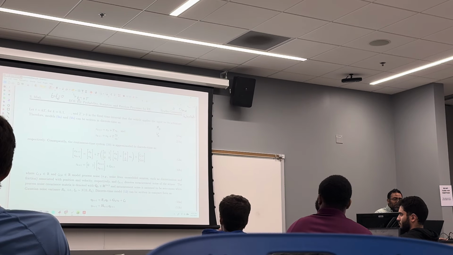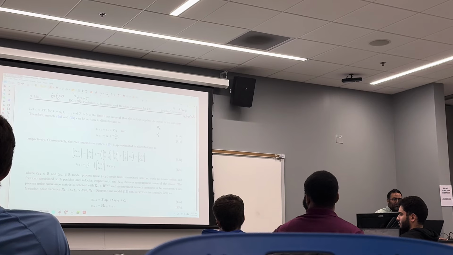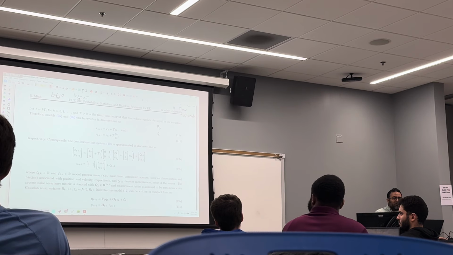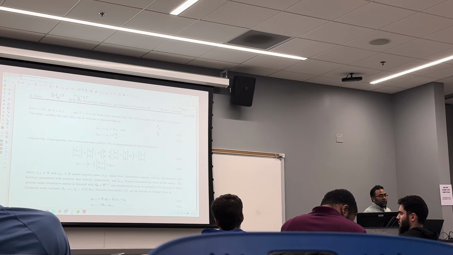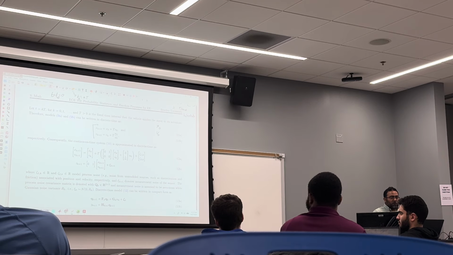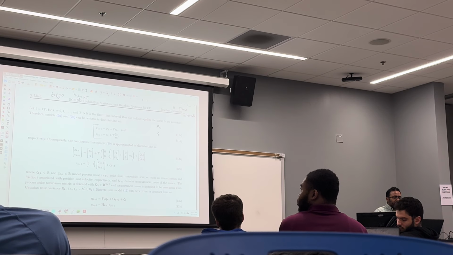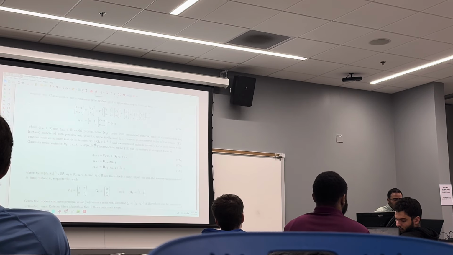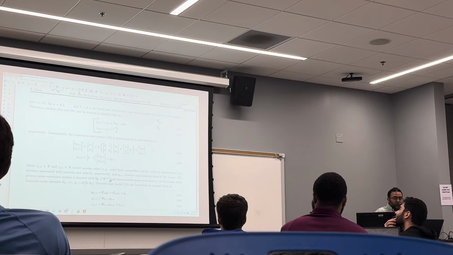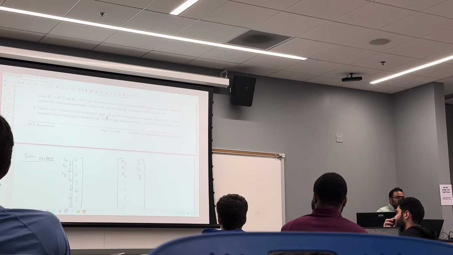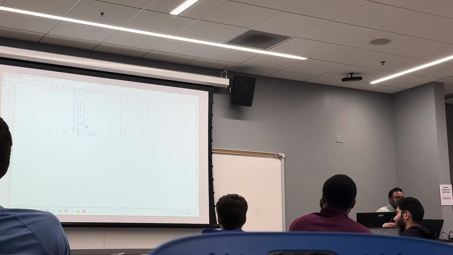And then you have vk plus 1 equals vk plus t qk over mk. I'm going to explain this equation a little more, how it works. After this explanation, I'm going to stop because this is quite complex.